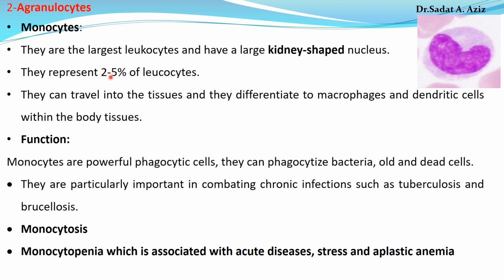It is mainly associated with acute diseases, especially viral diseases, stress and aplastic anemia. Also, in the case of pancytopenia, when all of the cells within the bone marrow are affected, the number of monocytes might also reduce.